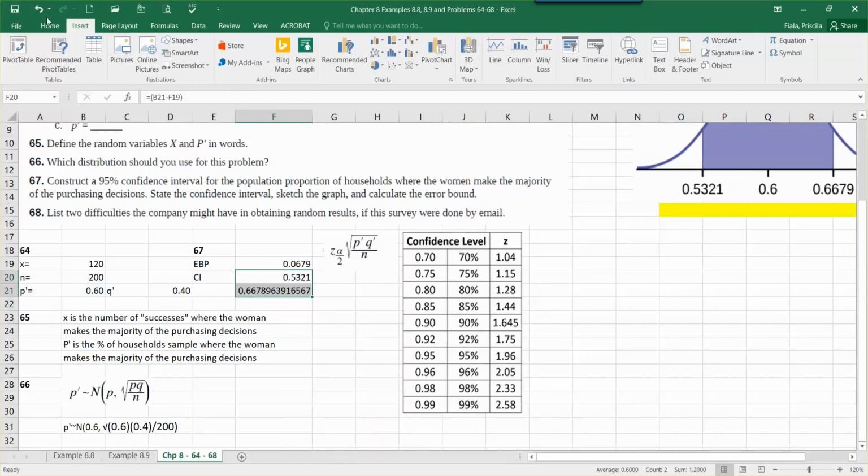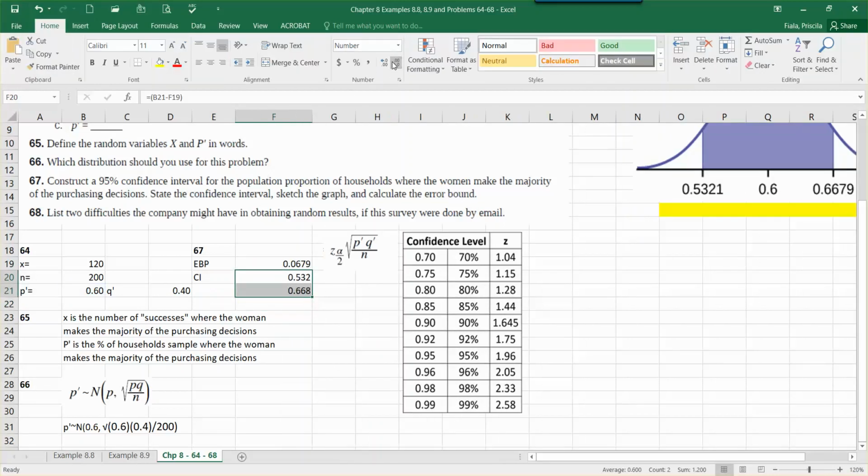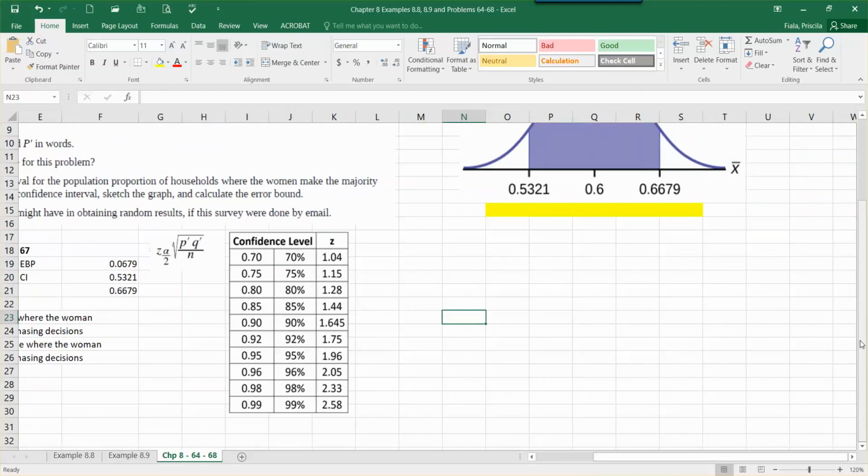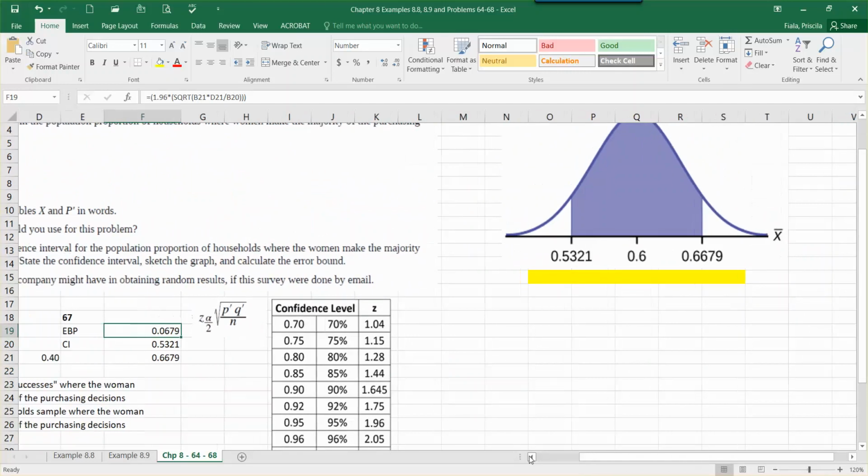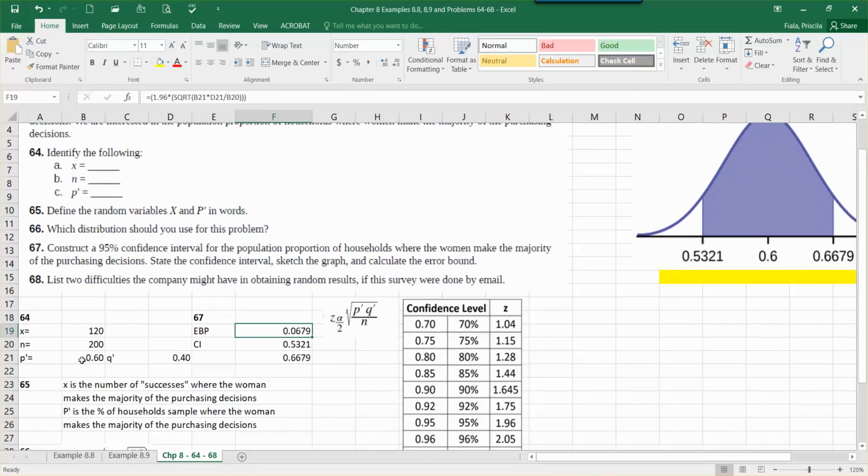And the reason why I have used the graph they provided in the problem is so you could see where all these values came from. Right here, that's your sample proportion or mean.